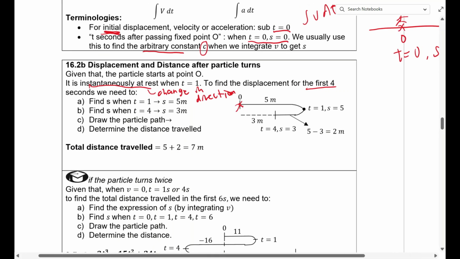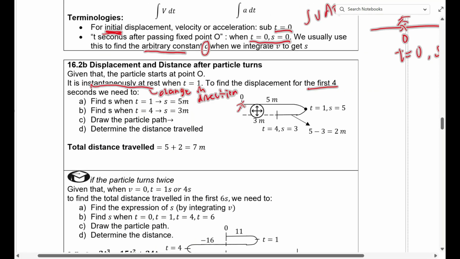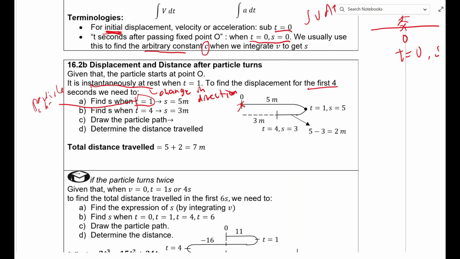First step, we will find our displacement when t equals 1. This is when our particle changes direction. So we need to find the displacement when it changes direction. We'll get s equals 5 meters. This just means that the particle will travel 5 meters before it changes direction, so until here.